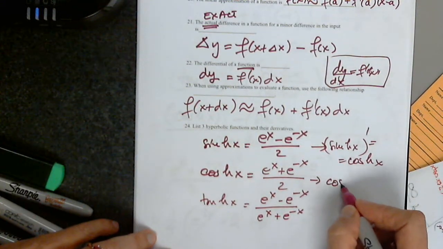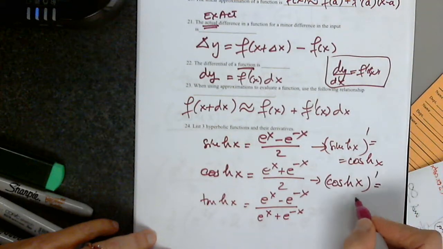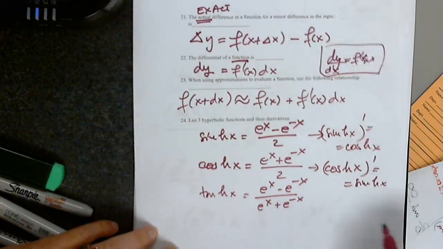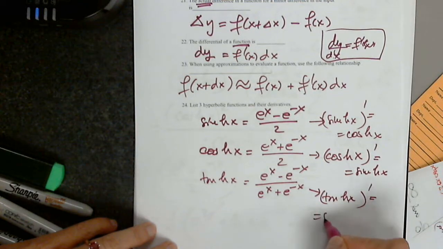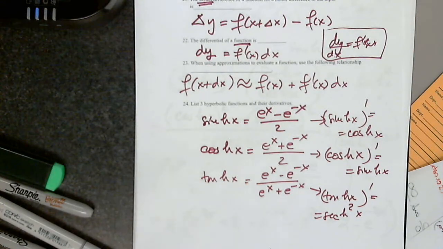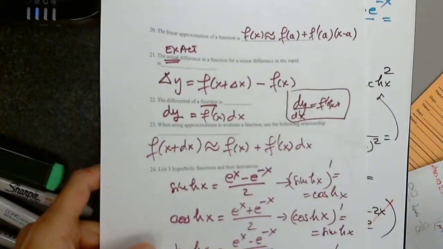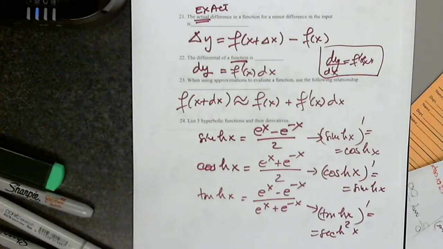From here, hyperbolic cosine prime equals hyperbolic sine. And from here, we know that hyperbolic tangent prime equals hyperbolic secant squared. So this is a condensed summary of what we looked at.